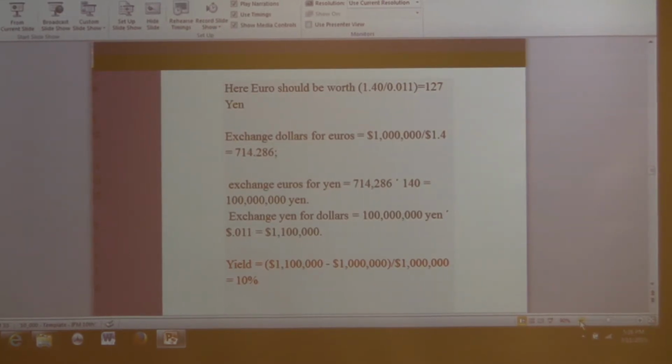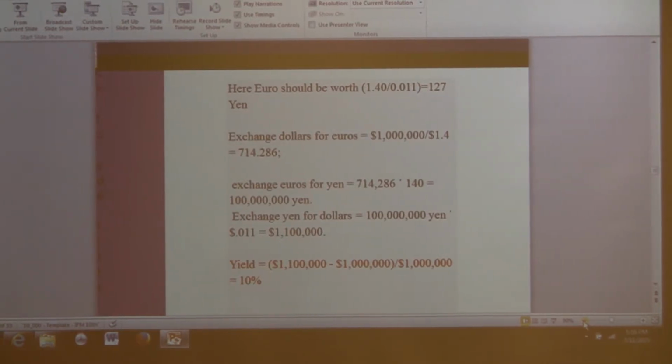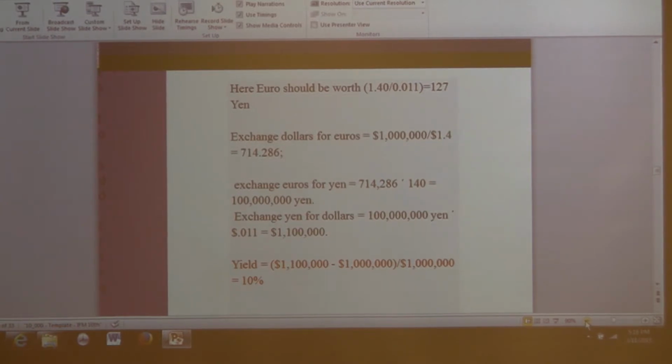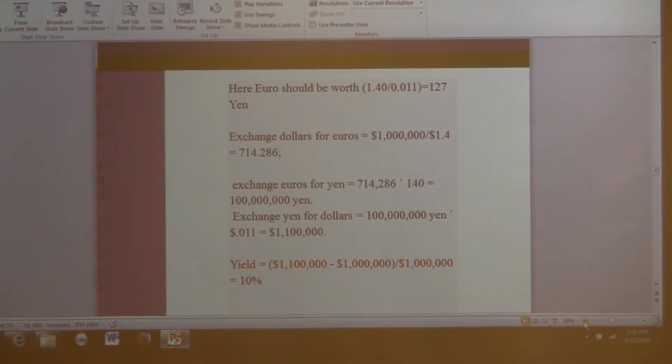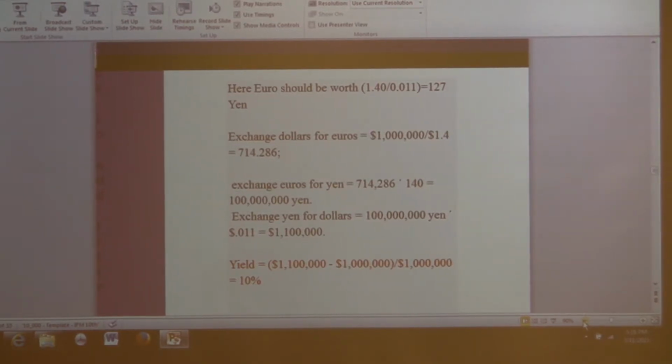And chances are, this type of mispricing is not going to be there for a long time. So you're able to make this money very quickly. But chances are, it's not going to be such a big difference. So just like you were saying, the difference is around 10%, 127 versus 140, you're making that amount of money. Here you are making 10%, more than that, or exactly 10% in this case. And that comes from the mispricing. Okay?